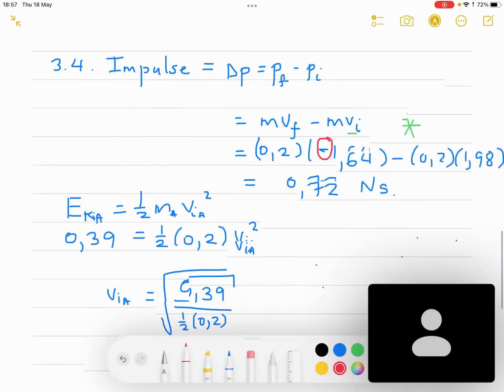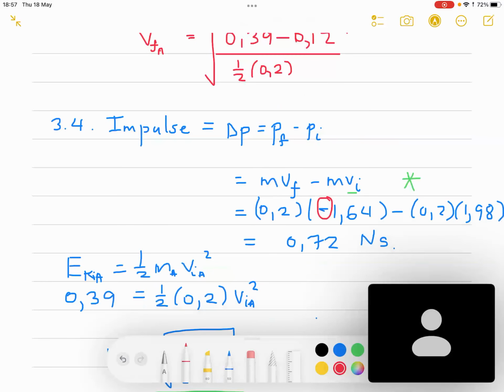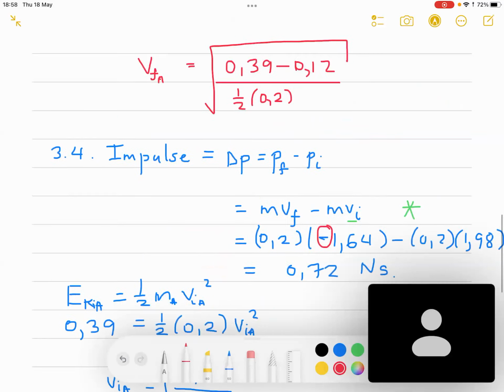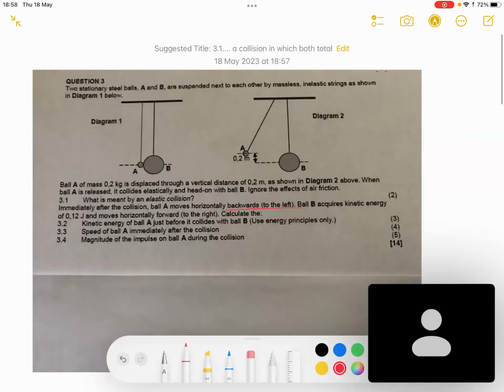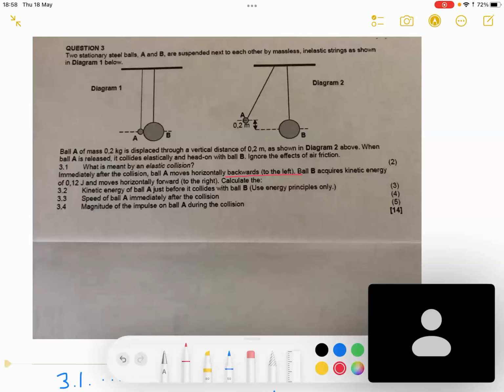Oh, okay. So this is what I'm saying now. Here for the final velocity, I'm saying that it's minus 1.64, right? So I calculated it here to be 1.64. But in the question, and I've underlined it in red here, it said immediately after the collision, ball A moves horizontally backwards or to the left. So now it's going in the opposite direction. So to the right is positive, so the 1.98.